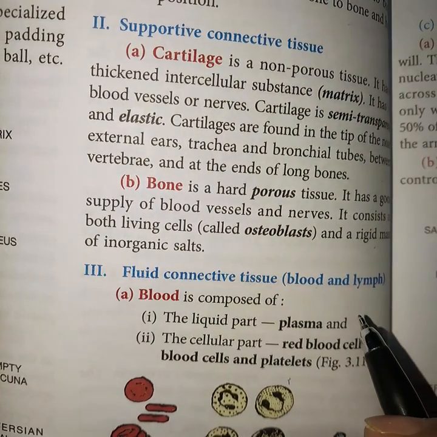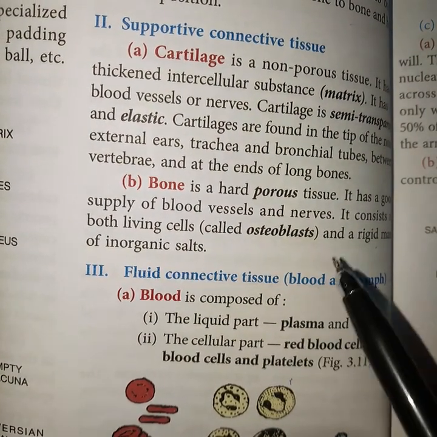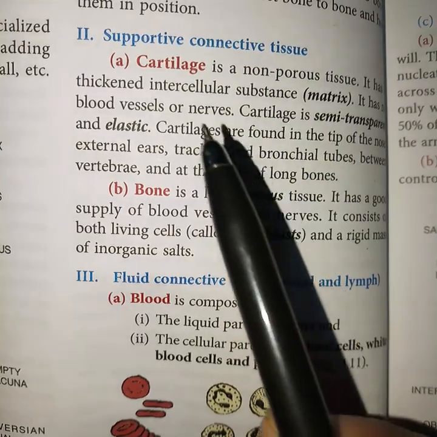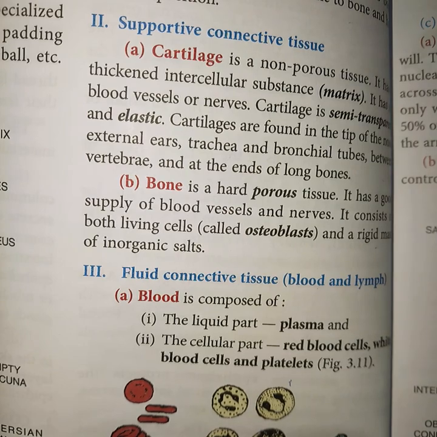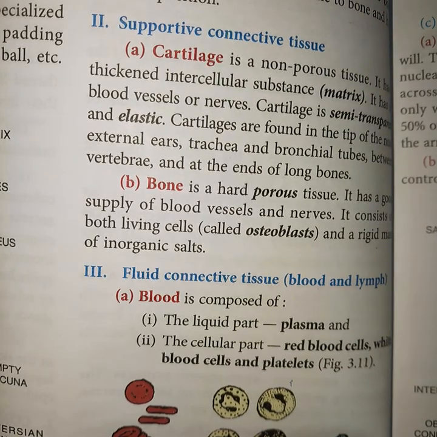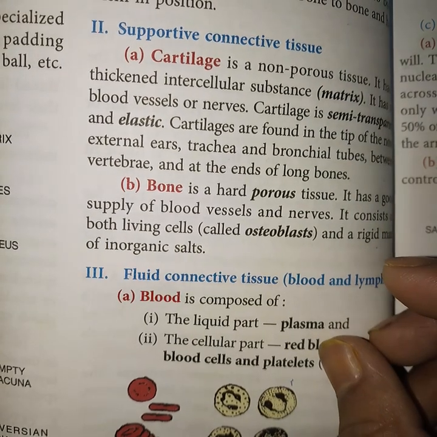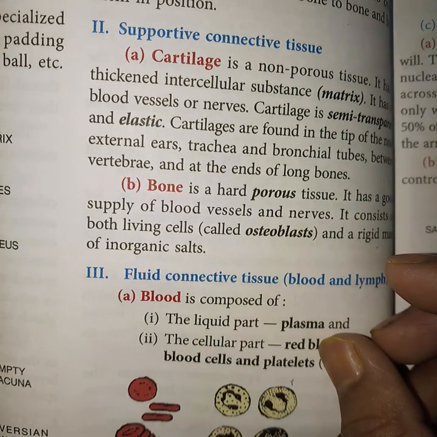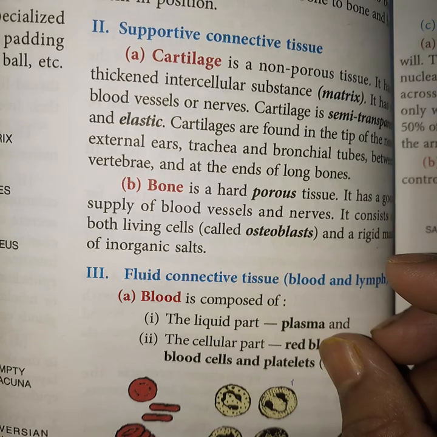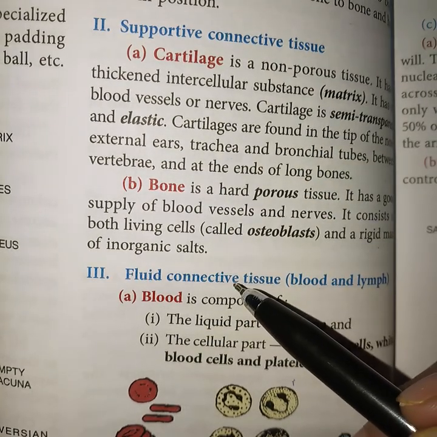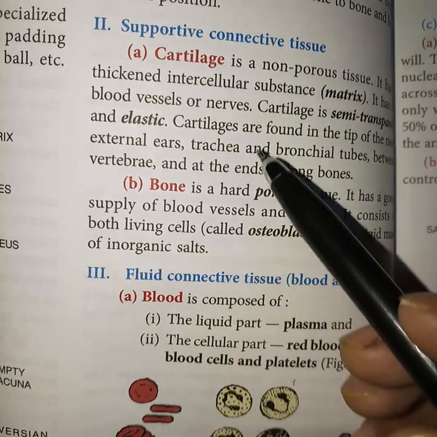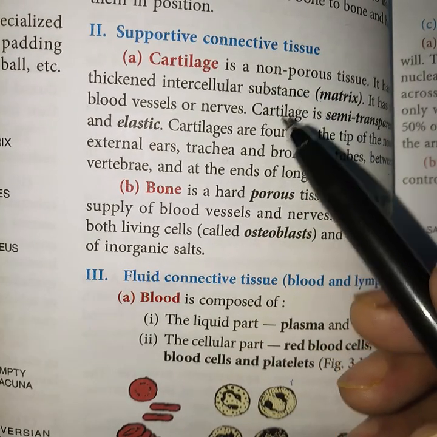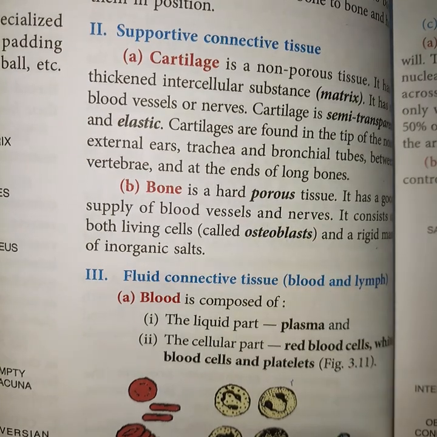Now come to the second type of connective tissue, that is supportive connective tissue, and the types are cartilage and bone. Both are similar types of connective tissue that support the body, but their structure and properties are different. Cartilage is generally soft, but bone is hard. Cartilage is non-porous, but bone is porous.